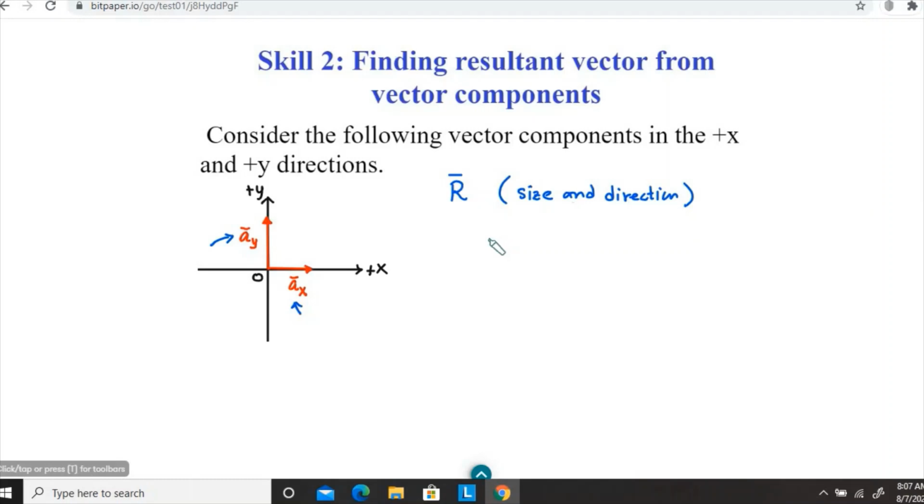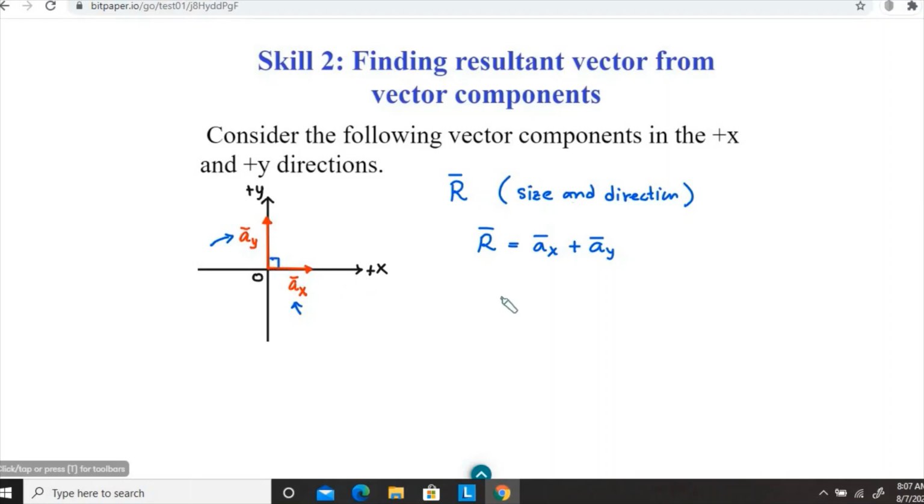If you remember vector sums, R vector can be easily written as the vector sum of ax vector and ay vector. Now, vector sum means we can put these component vectors as the sides of a triangle, a right angle triangle, because these two vectors are perpendicular to one another.